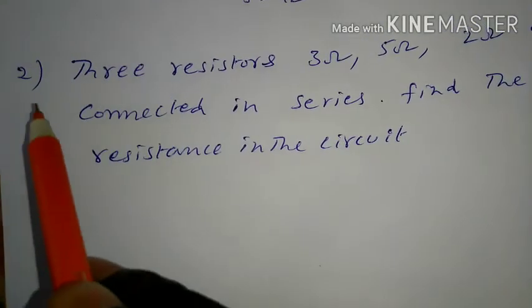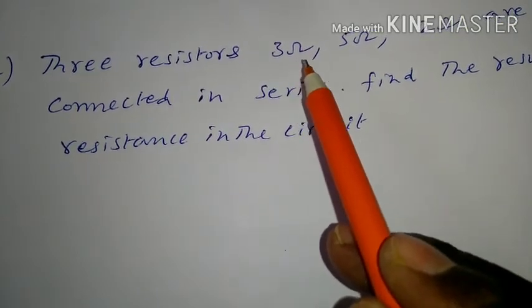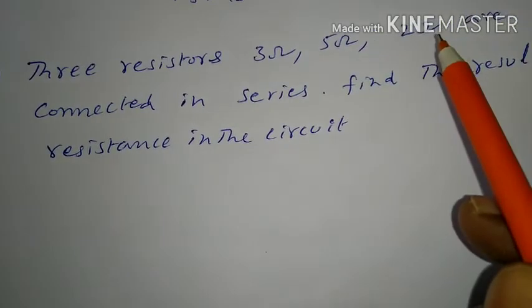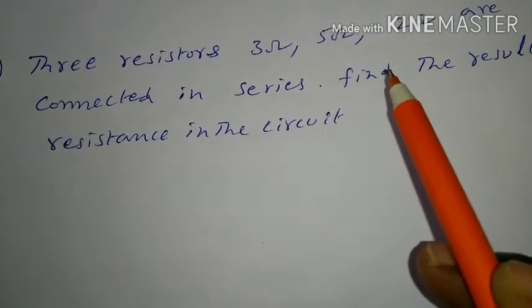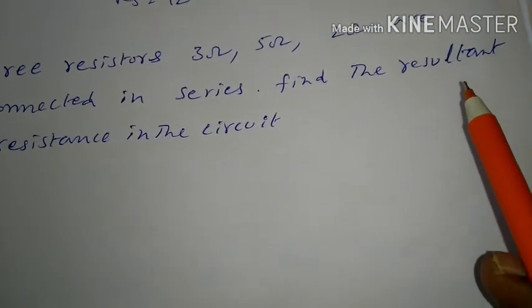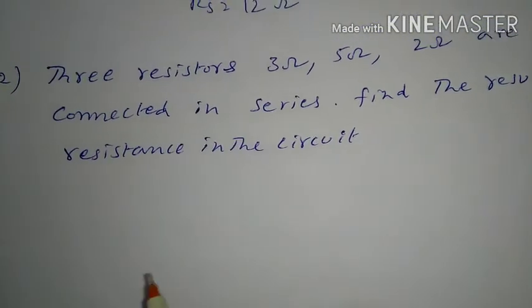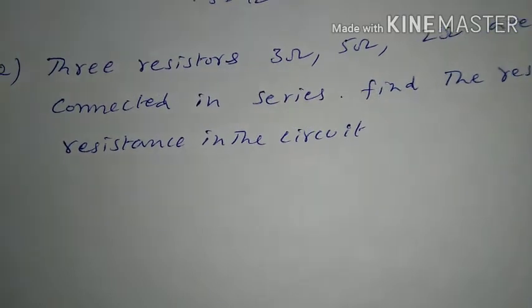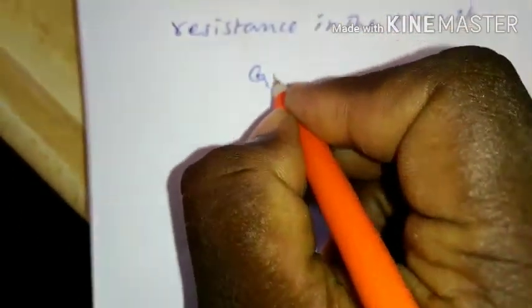Now second problem: three resistors 3 ohm, 5 ohm and 2 ohm are connected in series. Find the resultant resistance in the circuit. This is the problem. Solve the problem. First, given data.